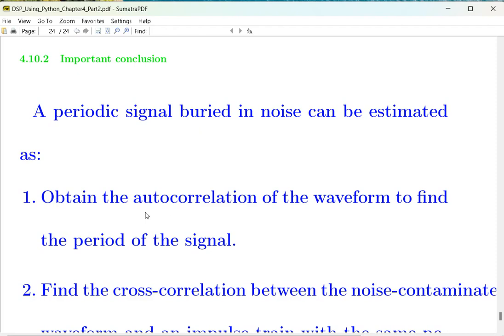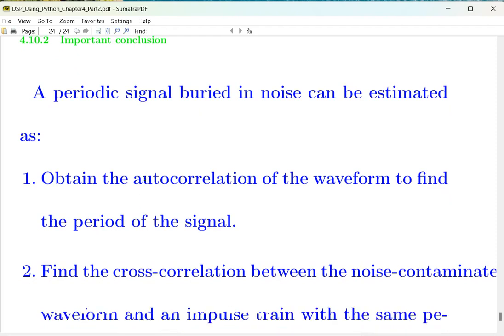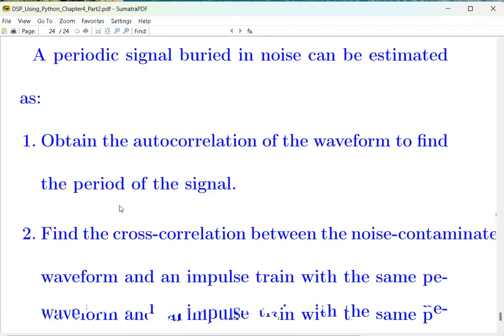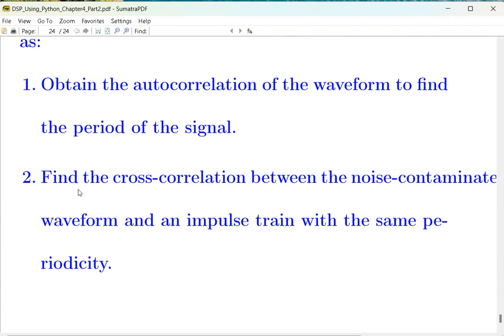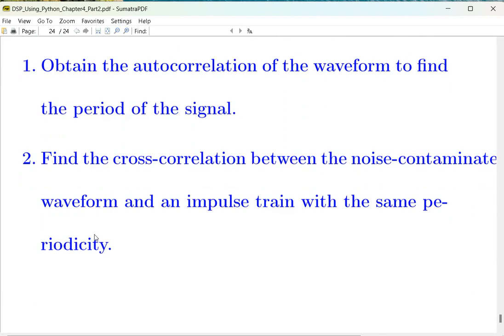Otherwise, you could estimate and find it. But this time you need the ACF, autocorrelation. Then find the cross correlation between the noise contaminated waveform and an impulse train with the same periodicity.